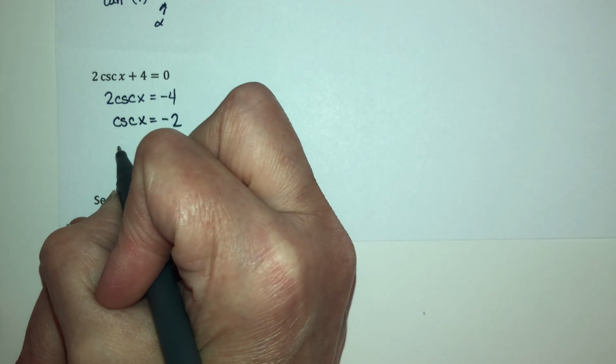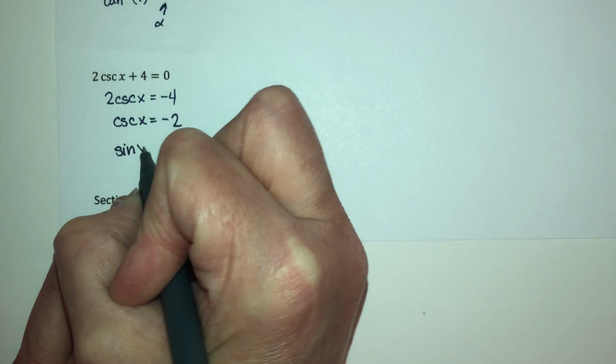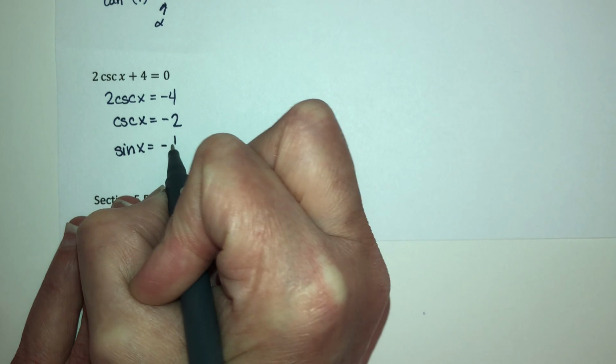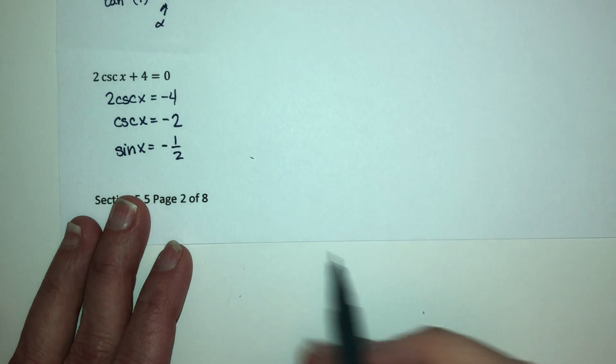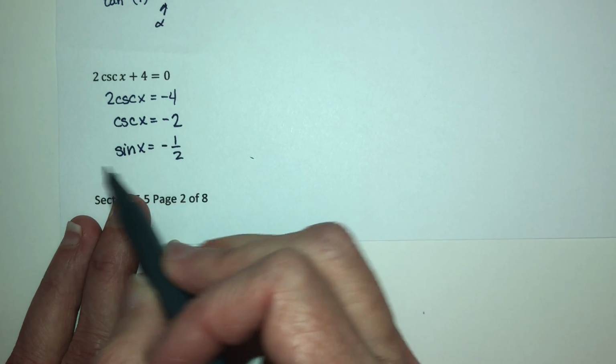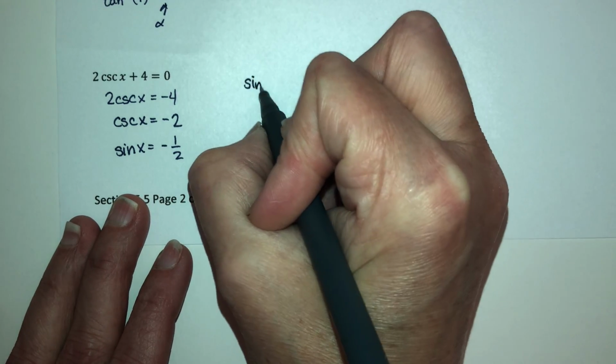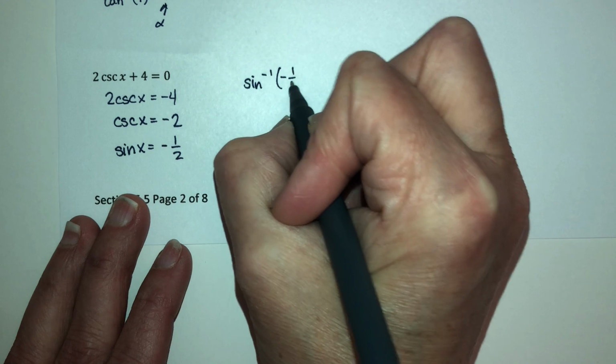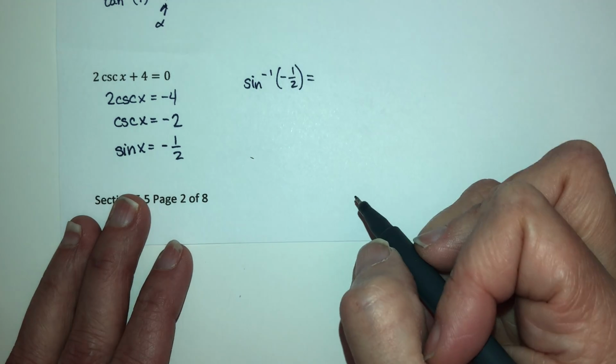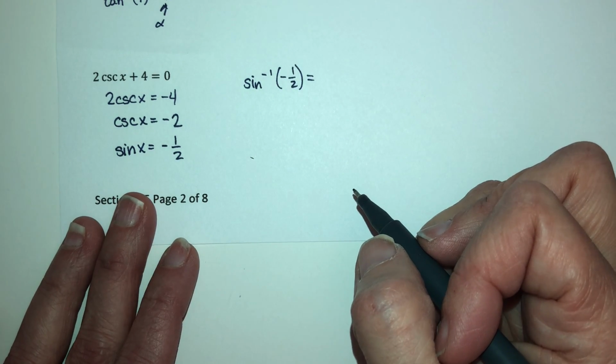And what this means is that sine of x is equal to -1/2. So this is the equation I want to solve. We need to find inverse sine of -1/2. And that will give me my alpha.